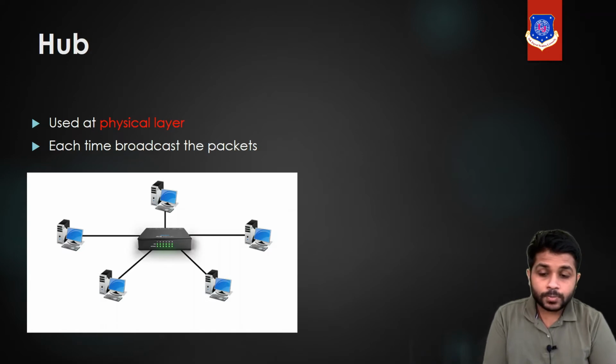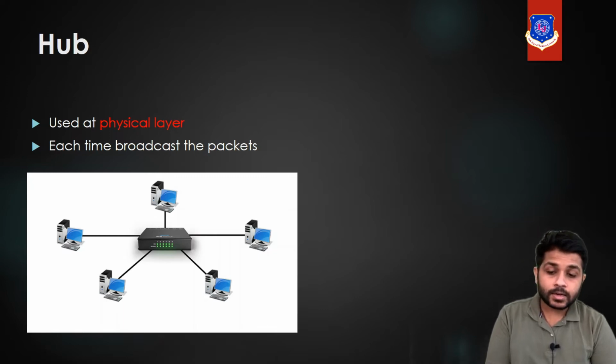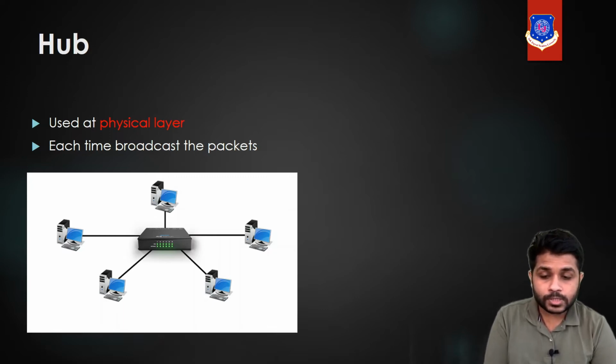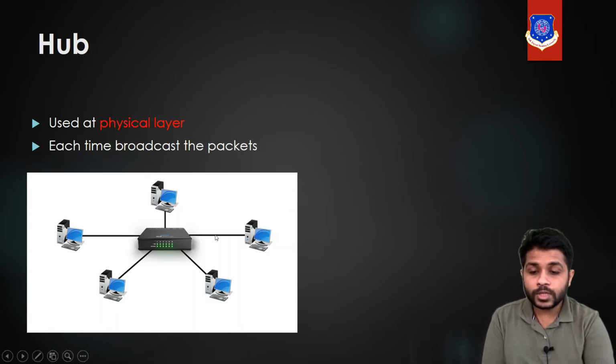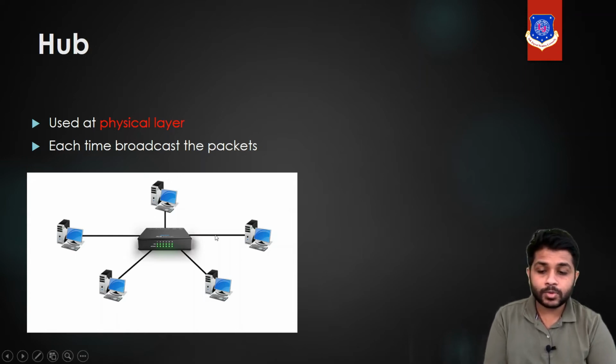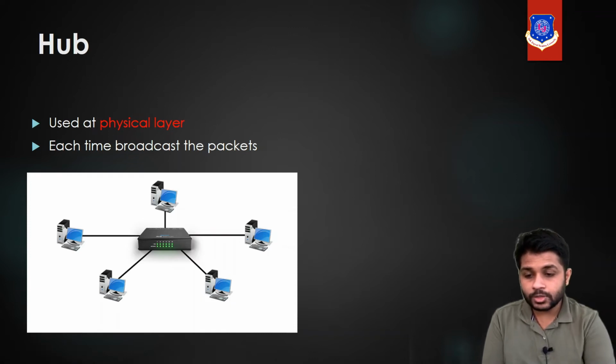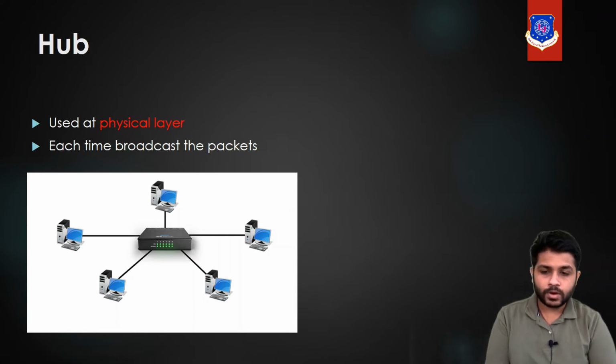Because it is broadcasting the data, there is a security concern, because every device is getting the data even though they are not supposed to receive it. The hub also wastes bandwidth because there is communication going on over links on which there should not be any communication, because the data should be forwarded only from this device to the intended device. So that is the disadvantage of the hub.